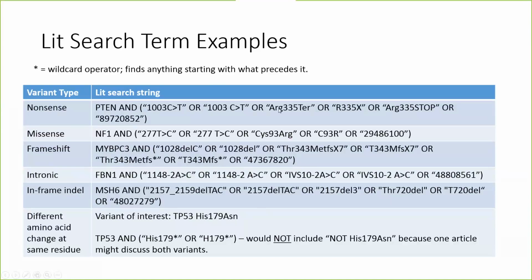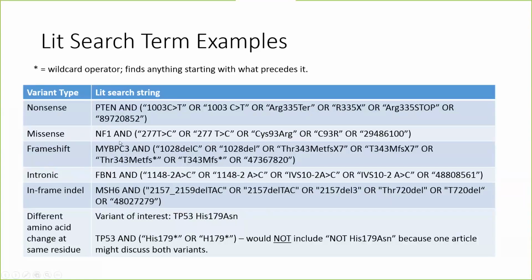Then I move on to including different types of protein nomenclature changes. So the cDNA change results in arginine 335-TER, or shortcut language R335X, or could also be called ARG335-STOP instead of TER. TER is the term used by HGVS nomenclature, but again, STOP is used all over the place in literature. And then lastly, we've got the genomic position for this nucleotide change listed as well.